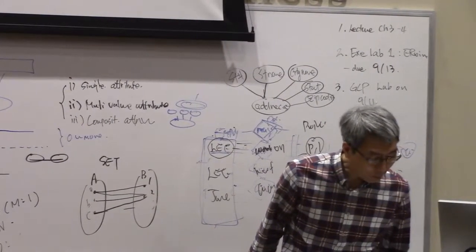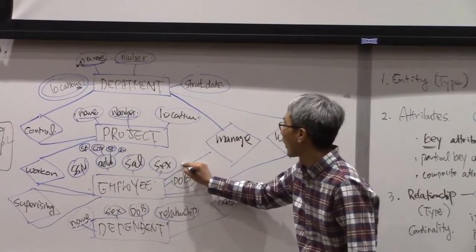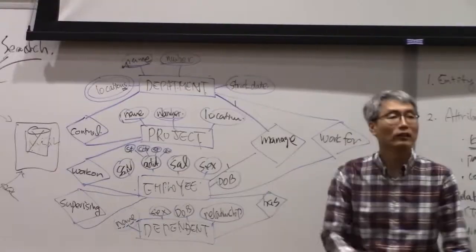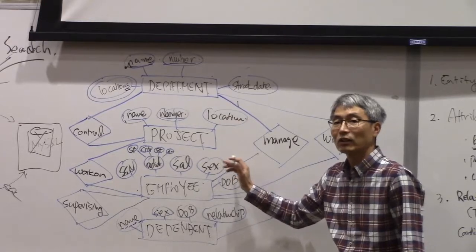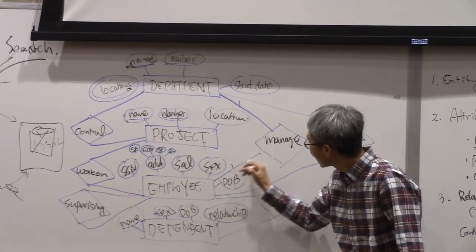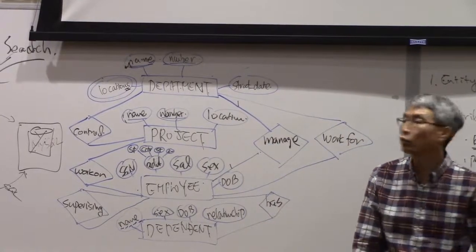An employee who manages the department manages one department. So this is a 1 to 1 relationship. We are going to use such a cardinality, with the line connected to the end, 1 to 1.